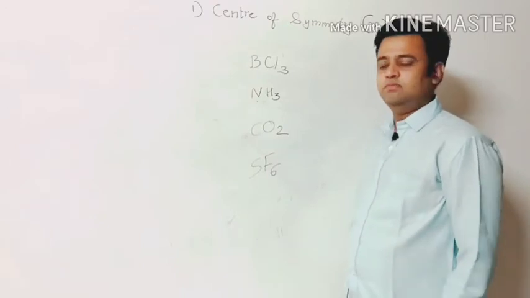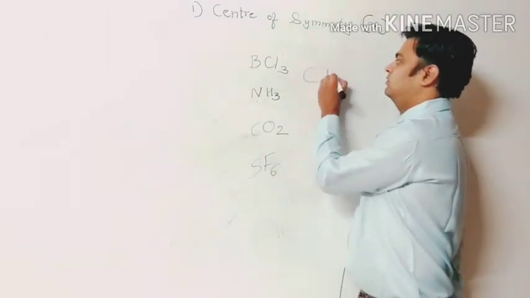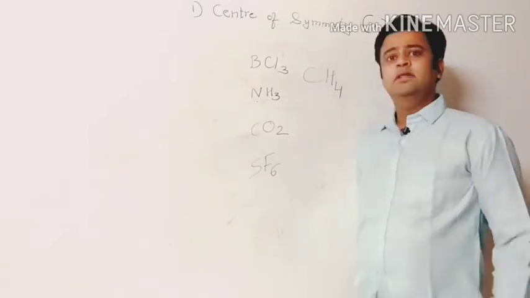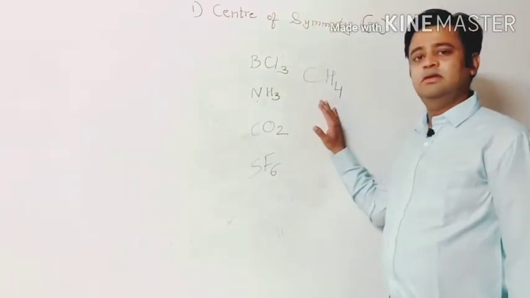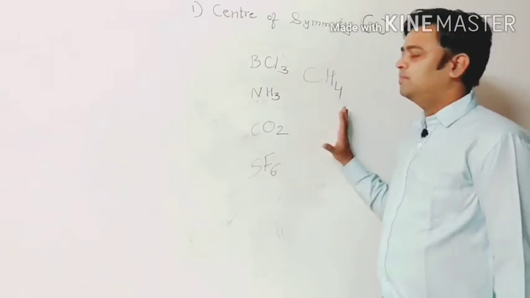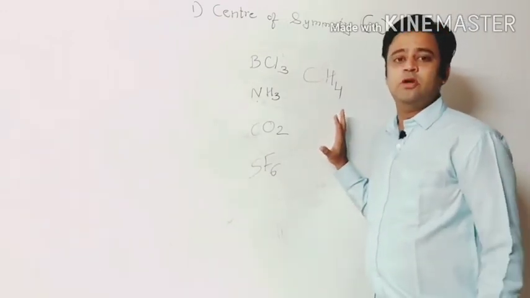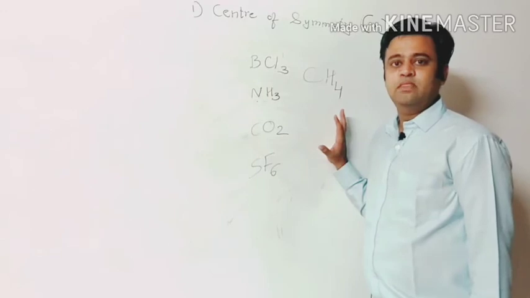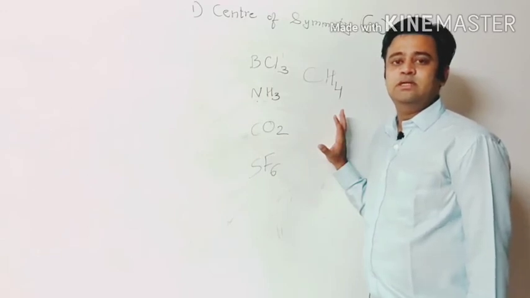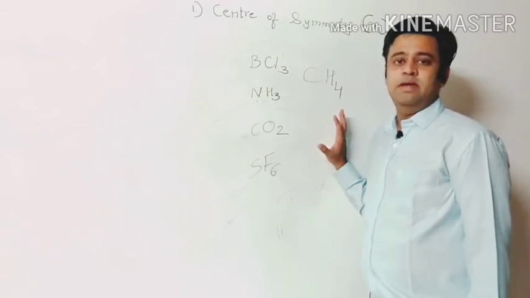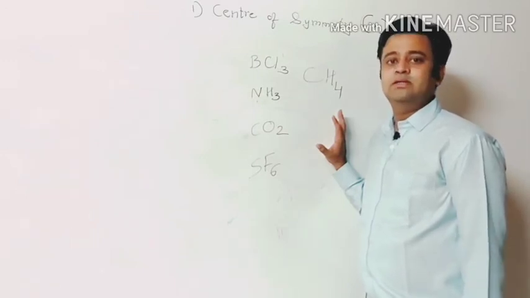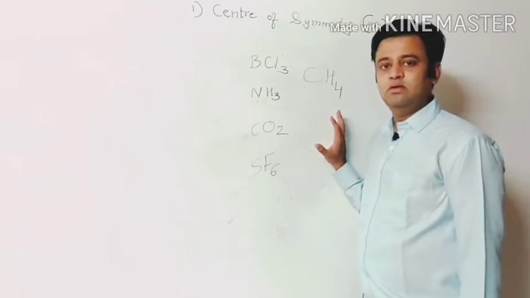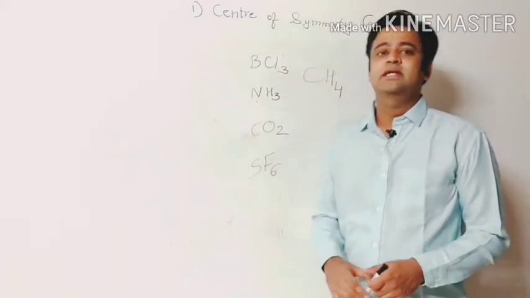Just try it at home. And in the comment section, you tell me which of the molecules possess a center of symmetry and which do not, so that I may come to know that you have understood. Okay, fine. This much is okay for the center of symmetry.